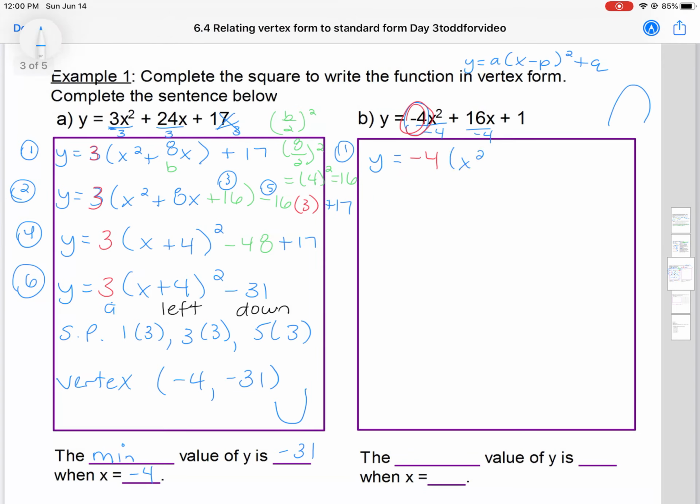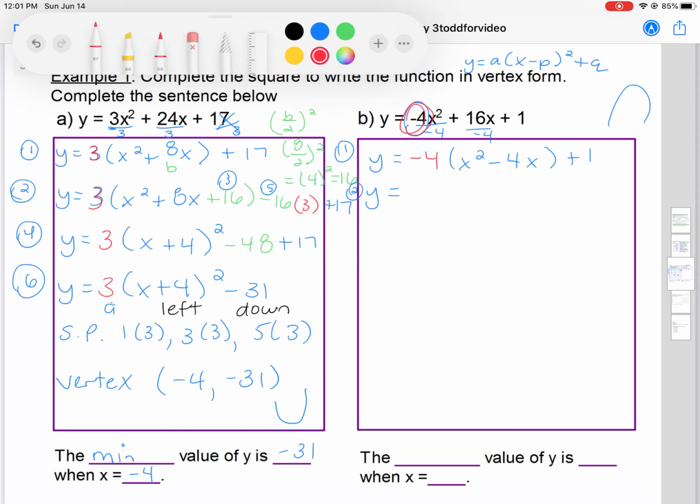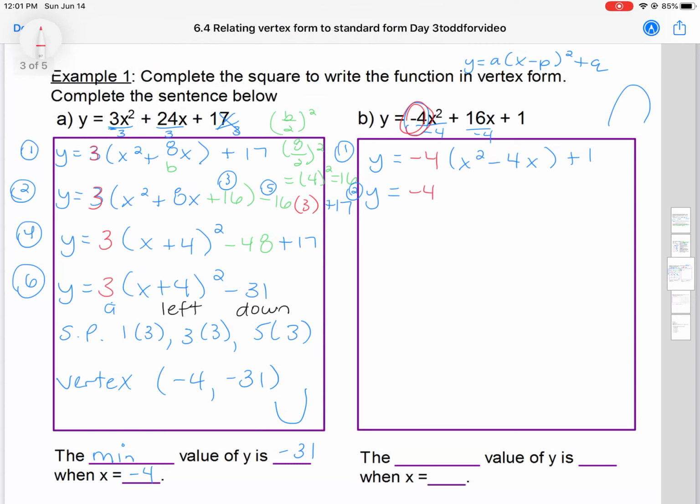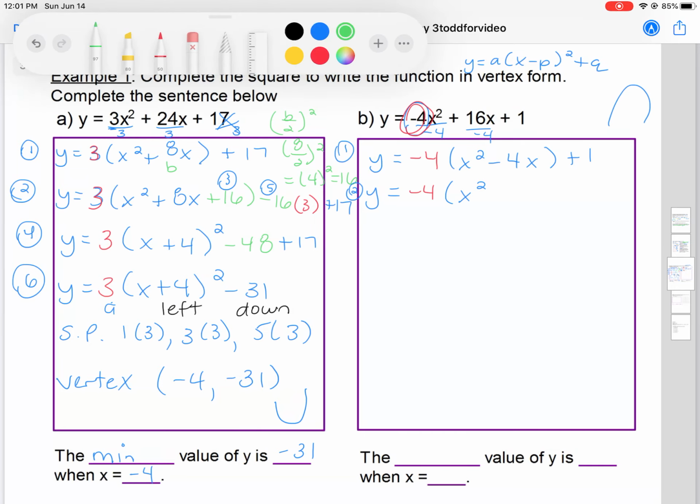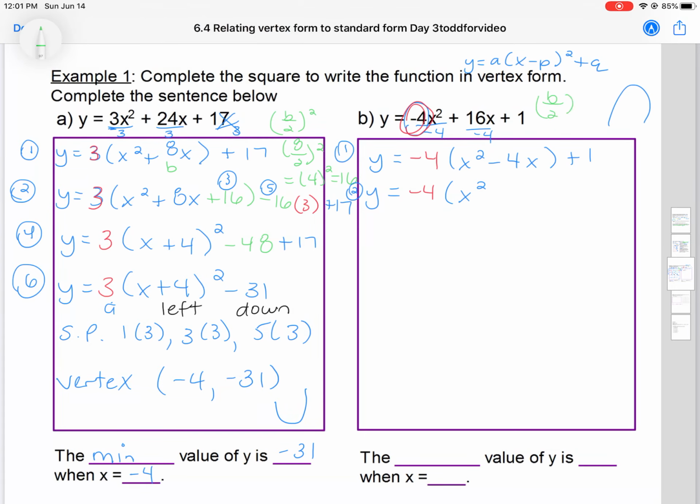I want the x squared to have a 1 in front of it. And then I'm going to do x squared. I'll write out my b work here. So half b squared. Remembering now this is b.